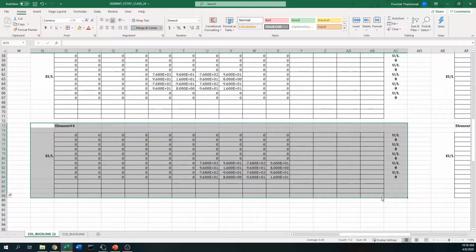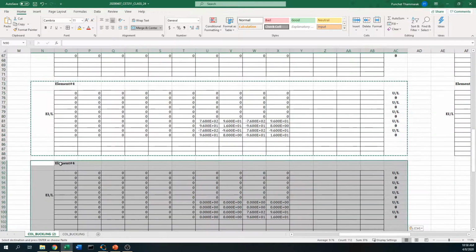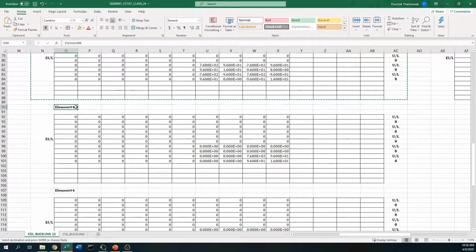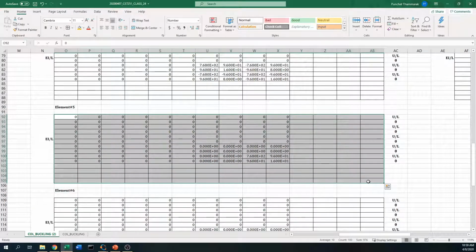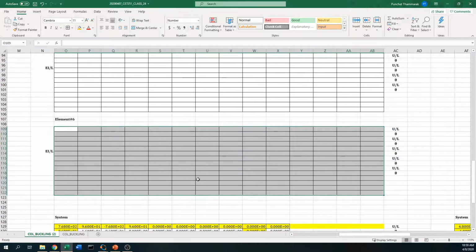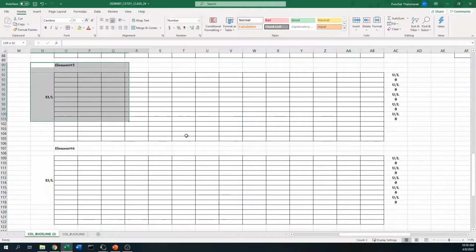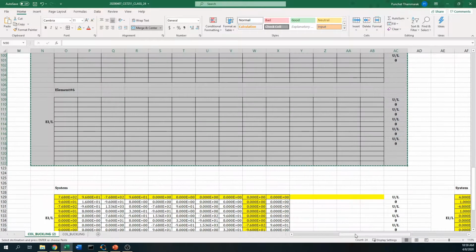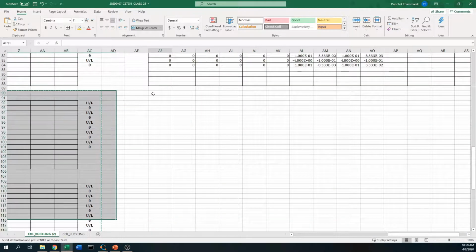Element number 5 and element number 6. Okay, I delete everything. Number 5 and number 6, just copy it, and then paste it on this side.